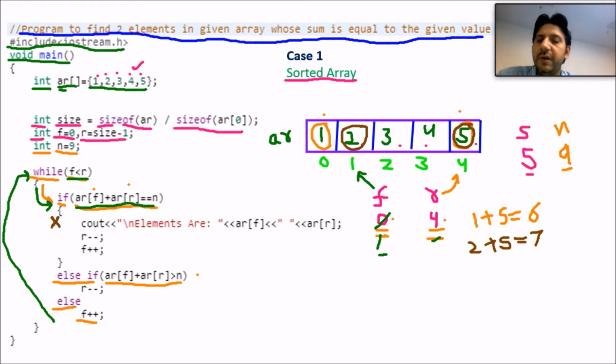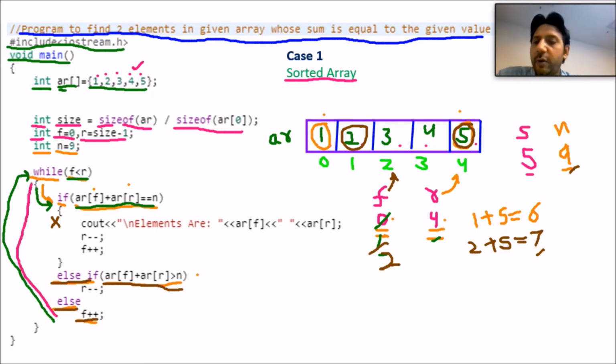It will come down to the else if part: ar[f] plus ar[r] greater than n. 7 is not greater than 9. Again the else part will run, f plus plus, so the new value of f will be 2, and now f is pointing to 2.